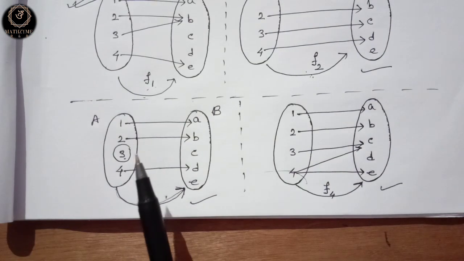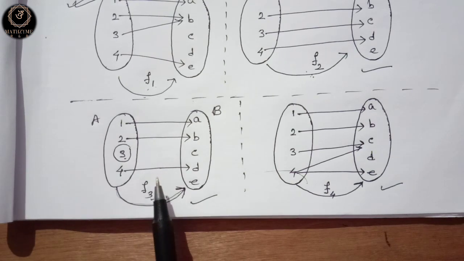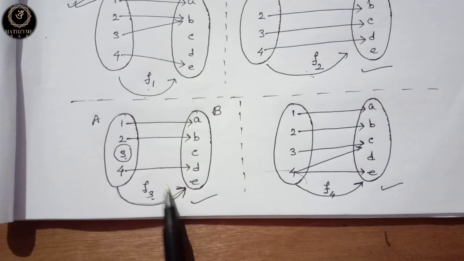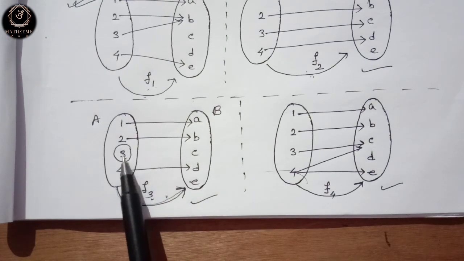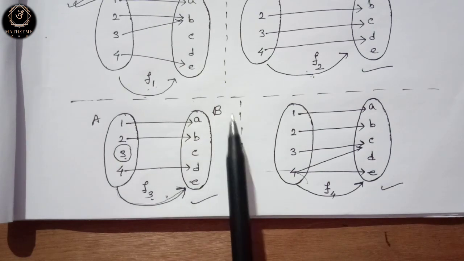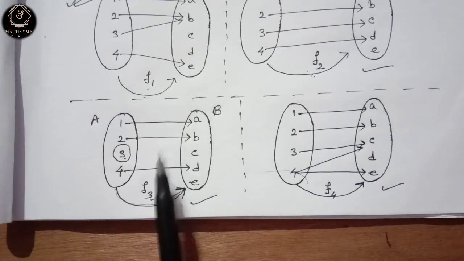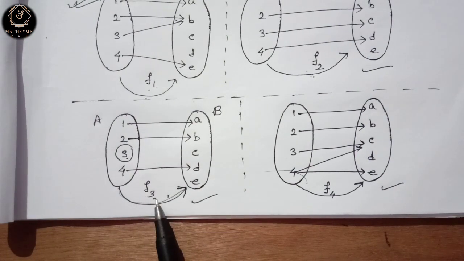But in figure 3 and 4, observe minutely that f3 is not a function from A into B, since there is an element 3 belongs to A which is not associated to any element in set B. Hence, f3 is not a function. It may be a rule, but it's not a function.